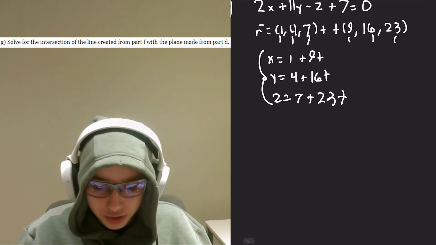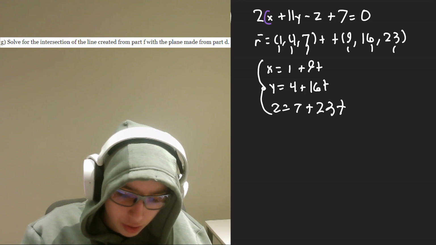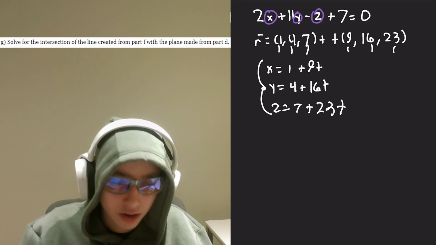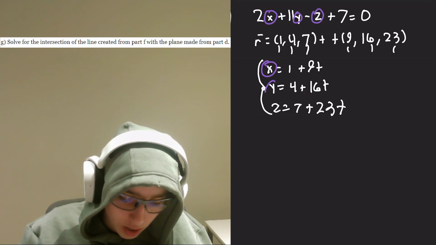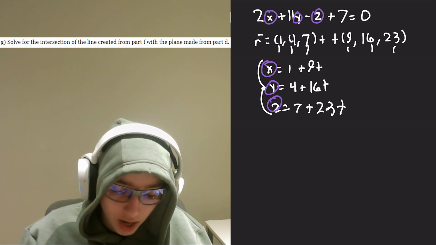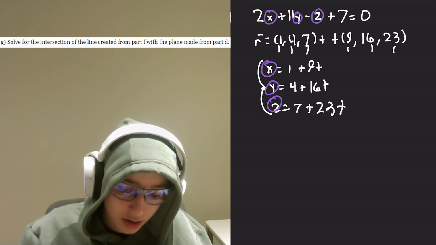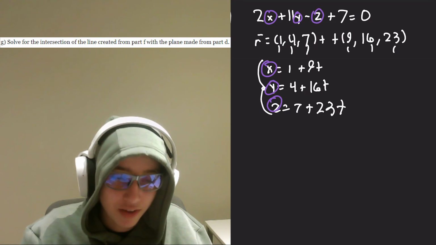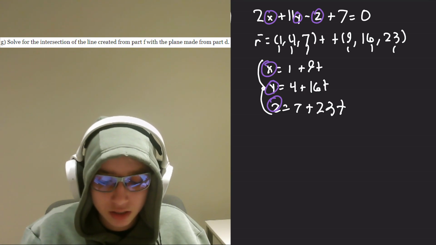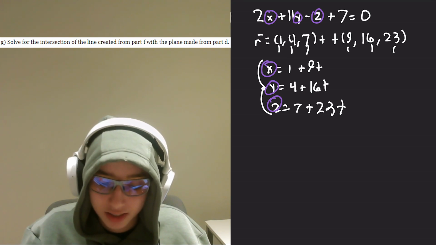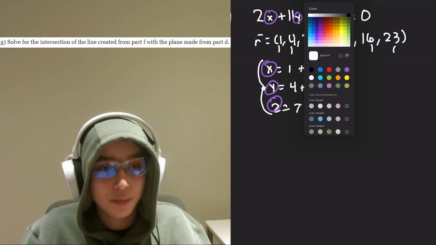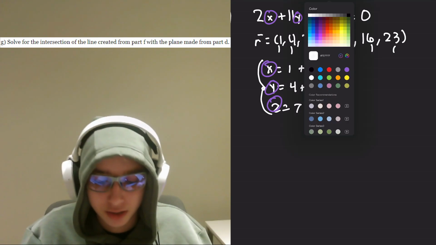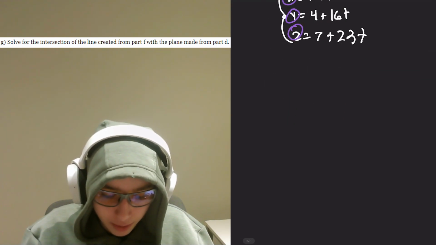Alright, so if we look at our Cartesian equation here, you see we have these x, y's, and z's here, right? We also have x, y's, and z's here. So what we do is plug in these values from the parametric equation into the Cartesian equation, and this will end up giving us a t value that we can then plug back into the equation and find our intersection. So let's start with that now.